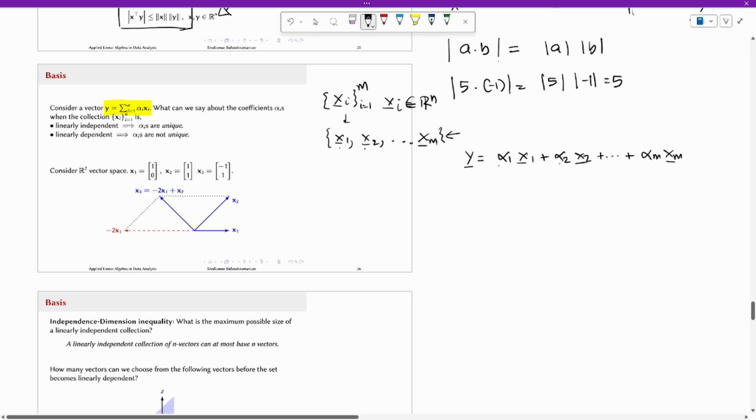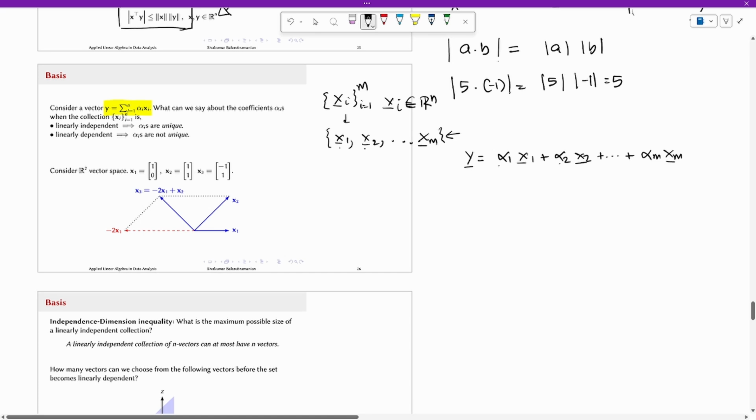Are my alpha i's unique to produce y from the xi's, or is there more than one possible way to produce y through the linear combination of my xi's?